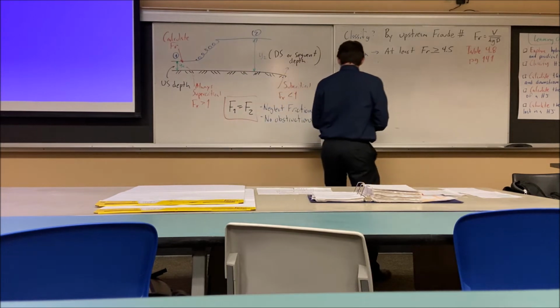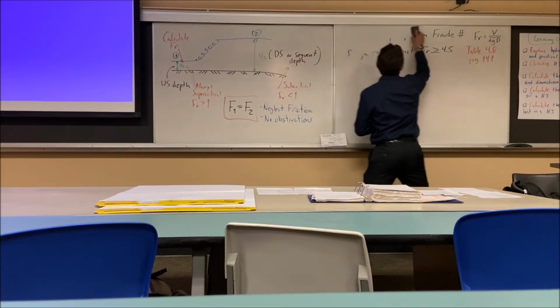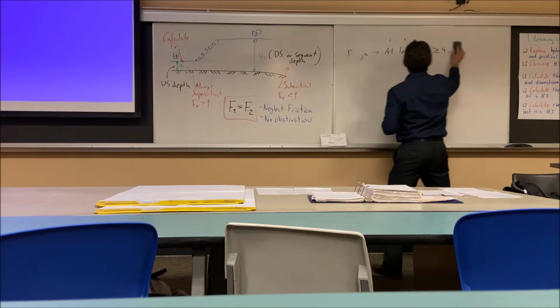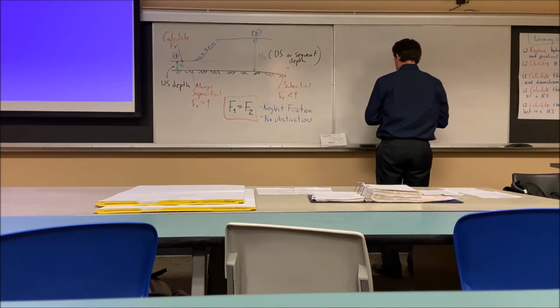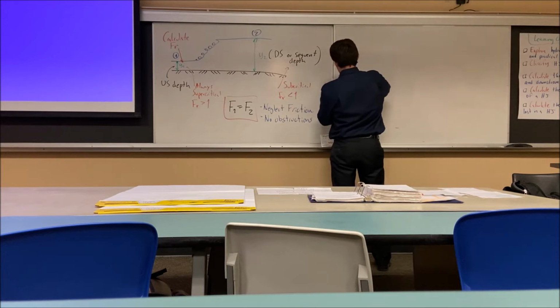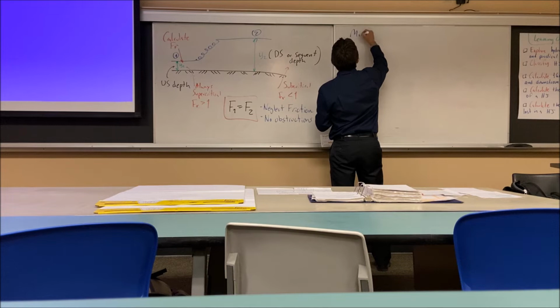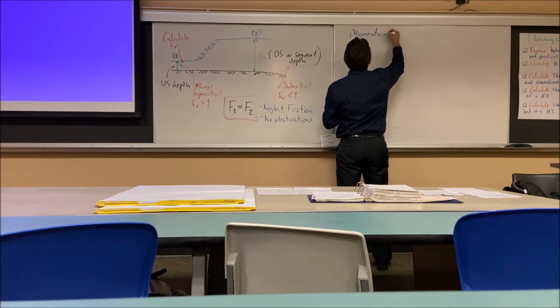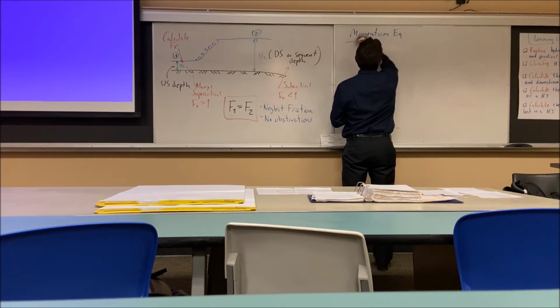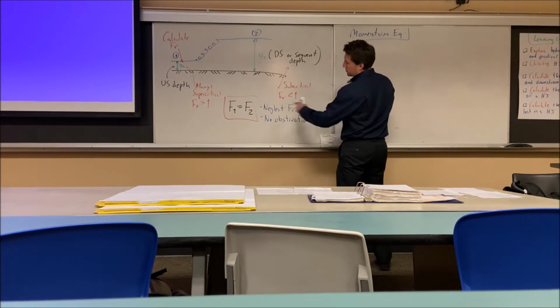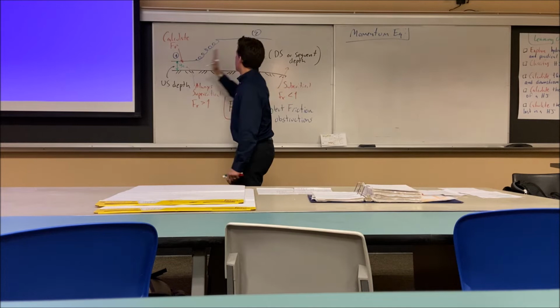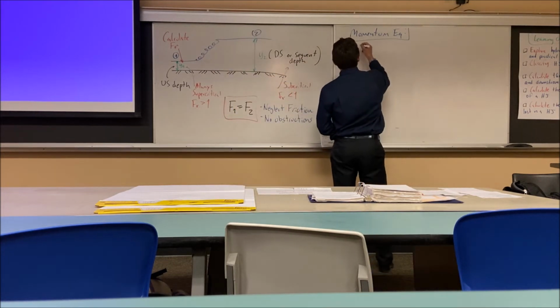All right, so let's continue on and look at what we're actually going to be using. And what we're going to be using is our momentum equation. If those forces are equal, this force and that force, let's write it out.